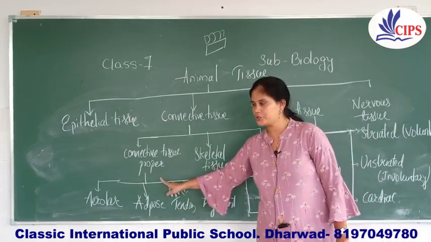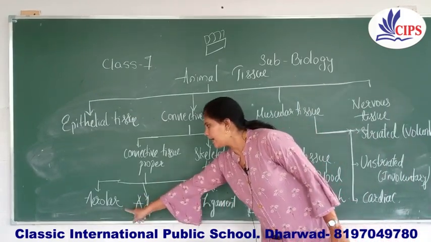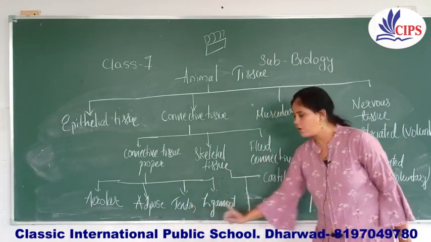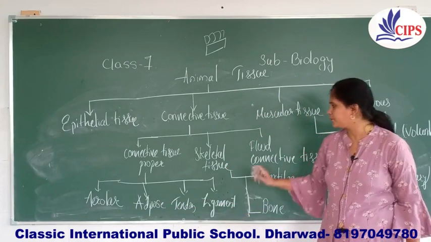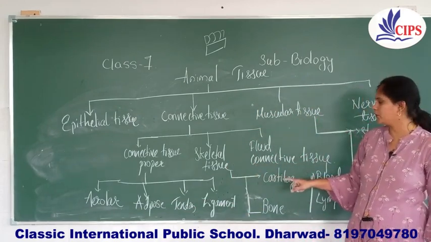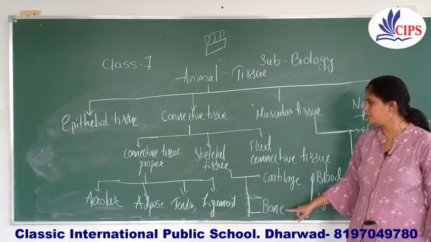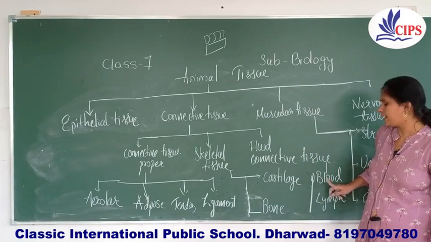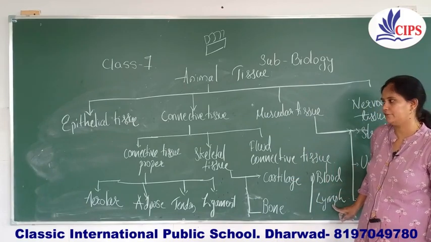In the connective tissue proper, there are areolar connective tissue, adipose connective tissue, tendon and ligaments. In the skeletal connective tissue, there are two types, cartilage and bone. In the fluid connective tissue, there are two types, blood and lymph.